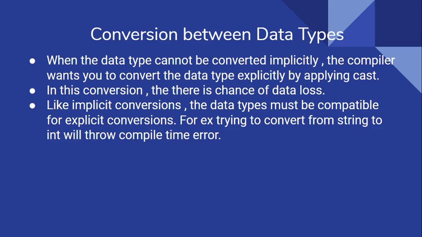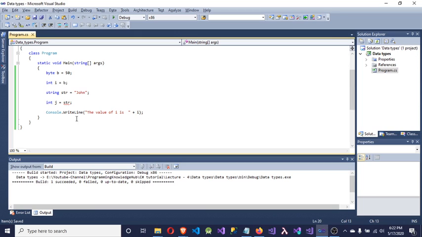That means if you have some value preserved in the source data type, while converting explicitly to another data type, you can lose certain values. Let's see practically, don't worry about it. The same rule applies to explicit conversion: the data types must be compatible. For example, trying to convert from string to int will throw a compile time error.